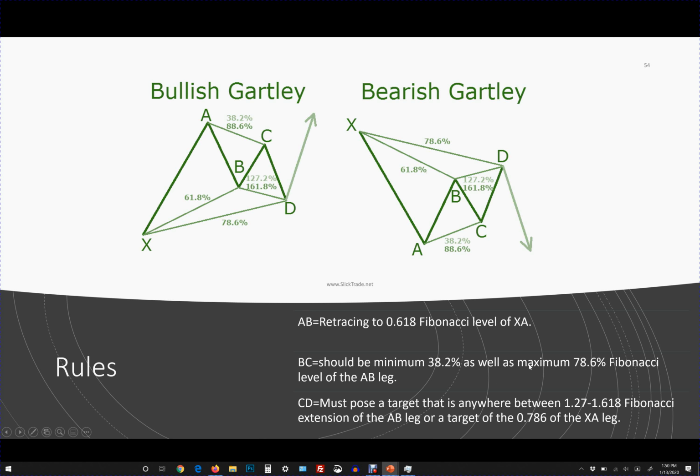38.2 to 78.6. Now, some people say 88.6 as well. I have heard that. All traders have found different rules that work best for trading harmonic patterns. You will see some difference in percentages, but they're all pretty close to each other.